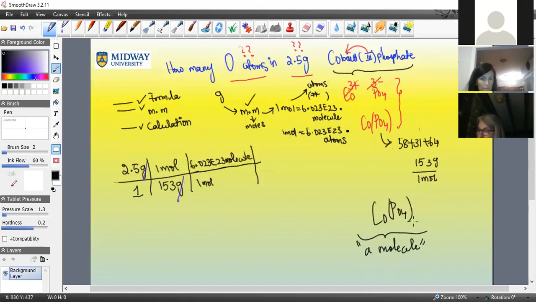That's because they forget the fact this is a molecule. That's why we are using the top, not the bottom. Now we are down to the last phase. A molecule of this contains 4 oxygen atoms. So multiply by 4 O atoms.